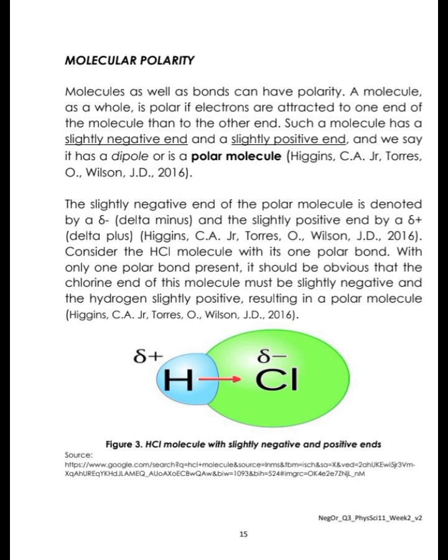It should be obvious that the chlorine end of this molecule must be slightly negative and the hydrogen slightly positive, resulting in a polar molecule. You can see below the illustration of the HCl molecule with slightly negative and positive ends, as H hydrogen is slightly positive and Cl chlorine is slightly negative.